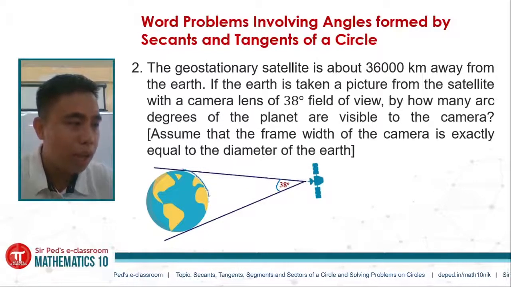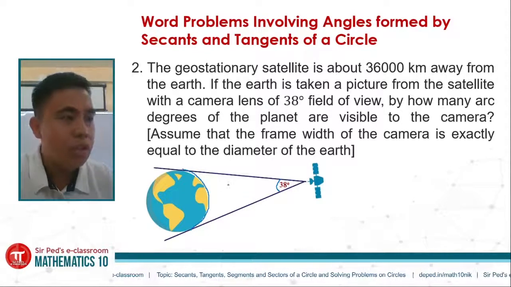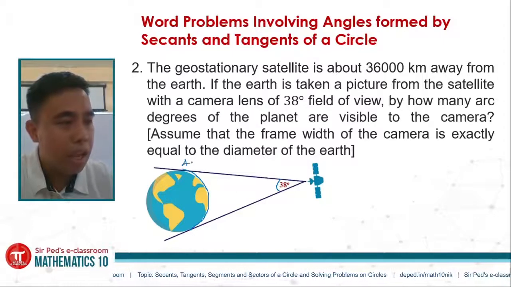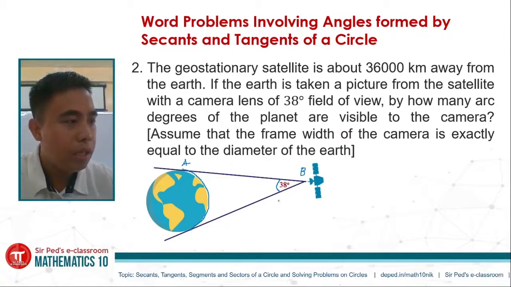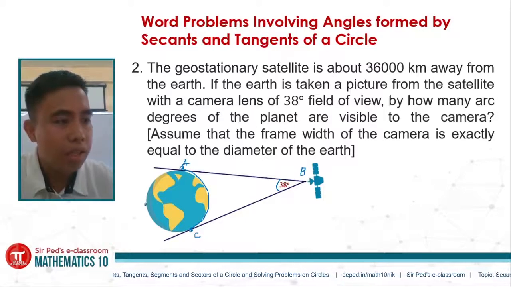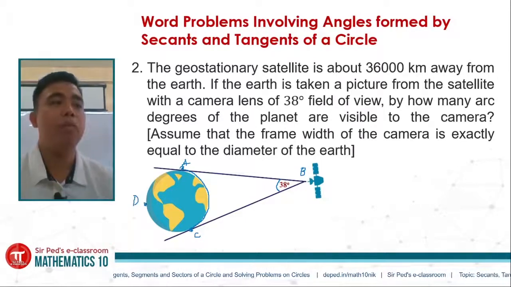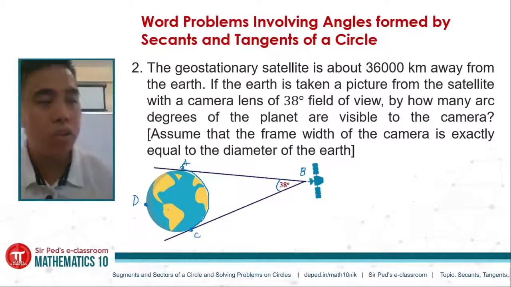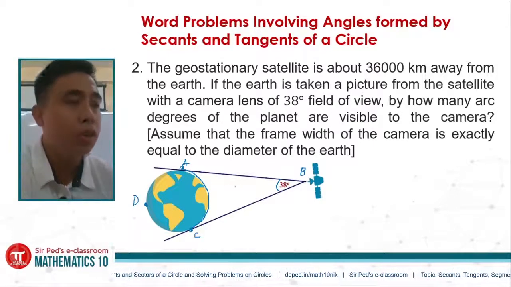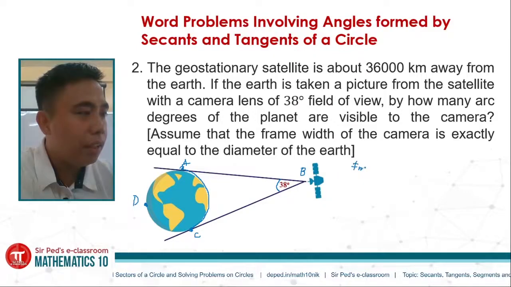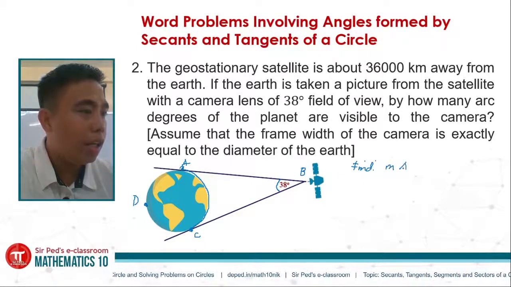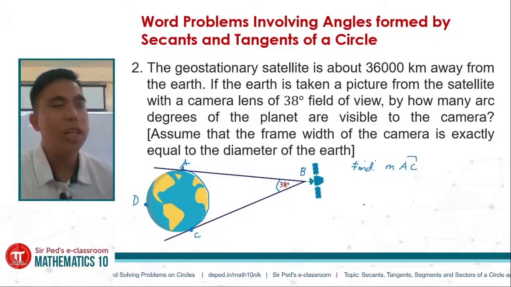Ito yung hinahanap natin. So, if we let this as A, B, and C, and let's have this as D to differentiate yung 2 arcs, we're going to find the measure of arc AC. Yun yung hinahanap natin.